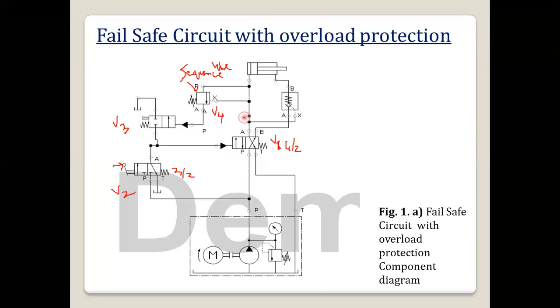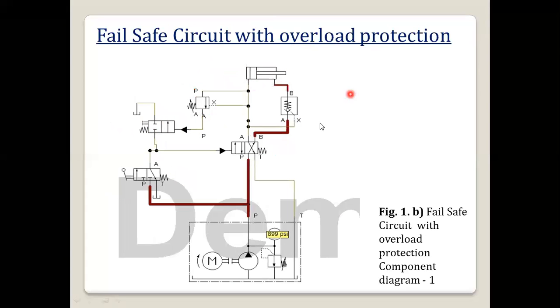If any excess load or overload is there, the excess pressure will be drained to the tank. The sequence valve is also there. While retracting, if the pressure is exceeding, the oil from the sequence valve will be used for changing the position of valve V3. So this was the diagram of the fail-safe circuit with overload protection.